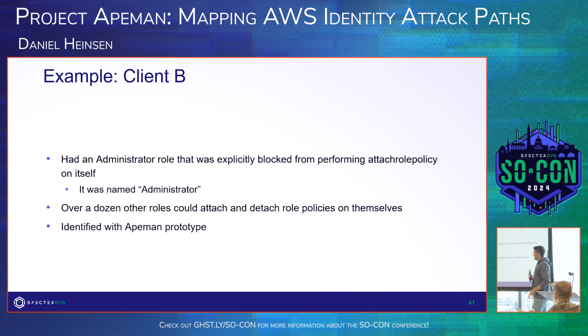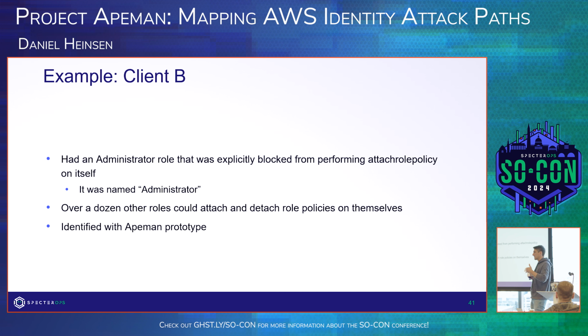But we had a client that had all these AWS roles, and they had this one that they called admin, right? And admin had a specific deny statement on it saying, if your name is admin, you can't attach or detach policies to yourself because it's admin, and the word admin is scary. And they said, okay, I don't want admin changing their permissions, which is fair.